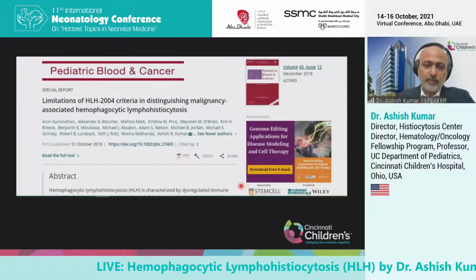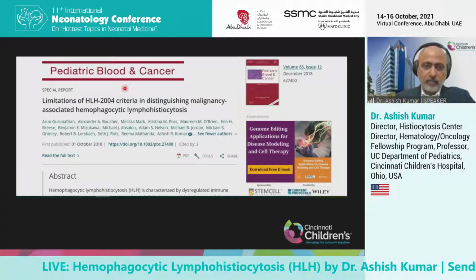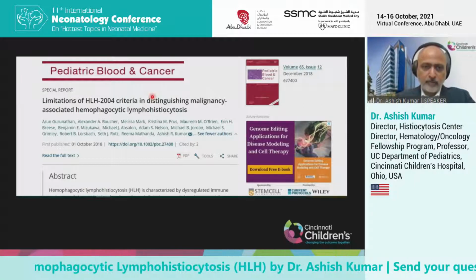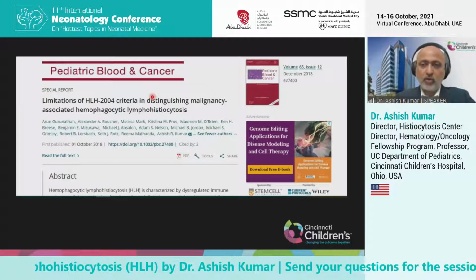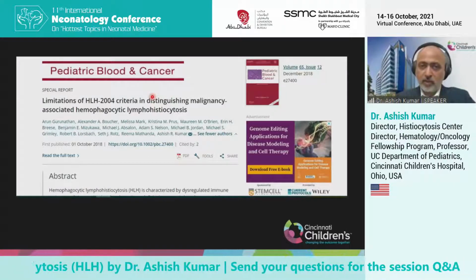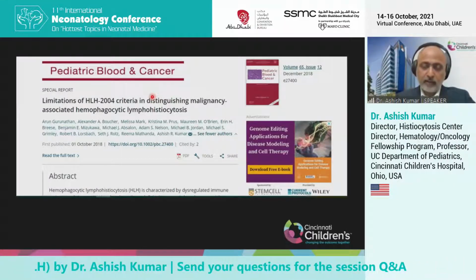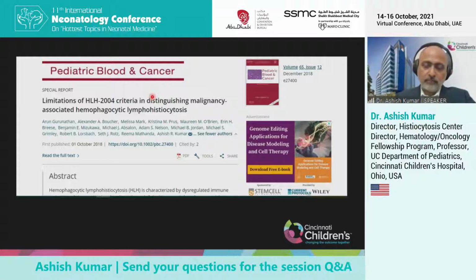So we published one paper, this was in Pediatric Blood and Cancer now 3-4 years ago. And in this paper, we described 9 such patients, and unfortunately, only 1 is surviving. All the other 8 patients died because they did not get the right treatment up front.